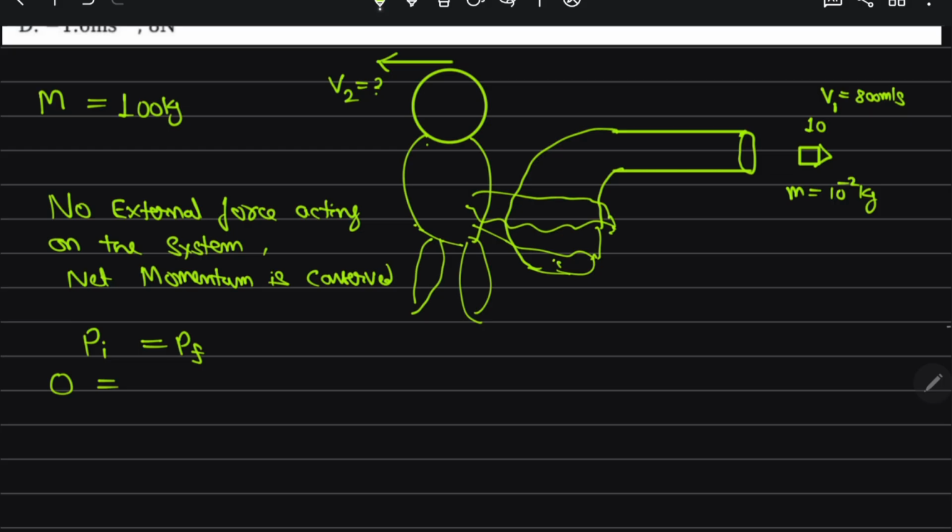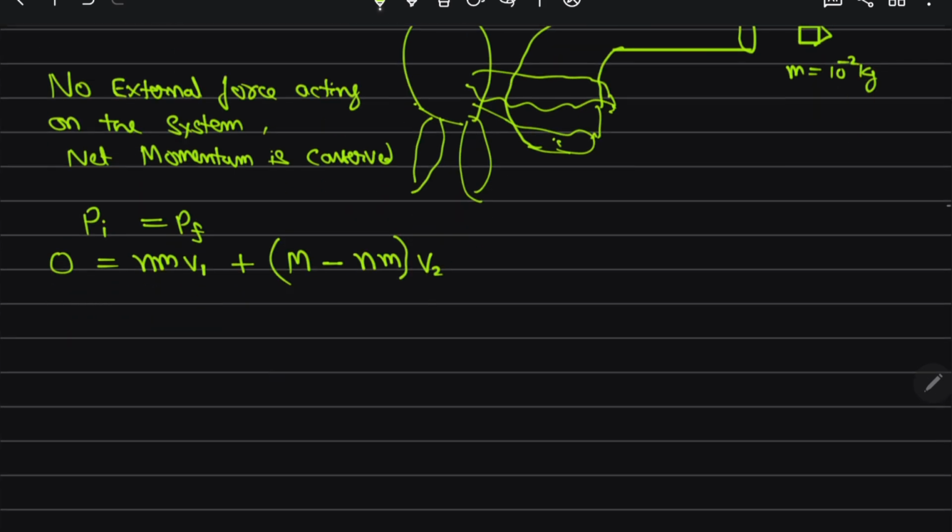After that, the bullet is moving with v1 plus the mass of this person and rifle, and here 10 bullets are moving.